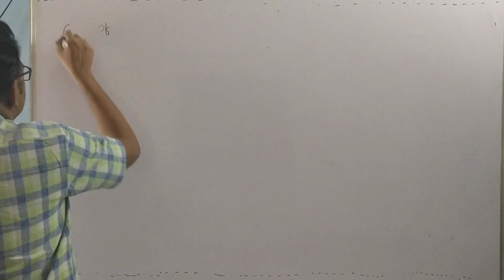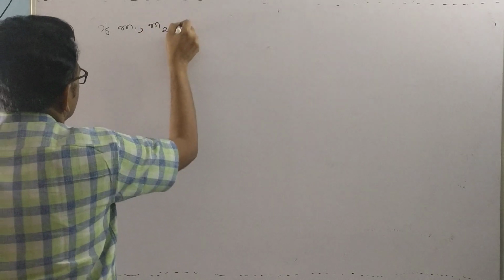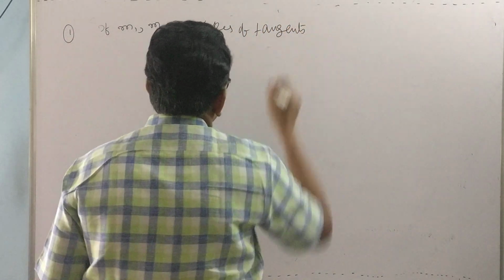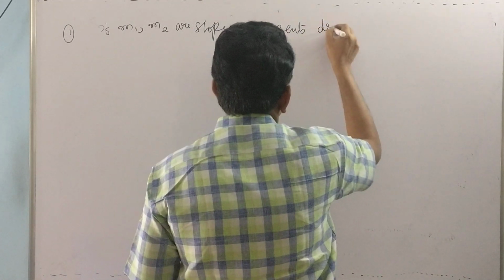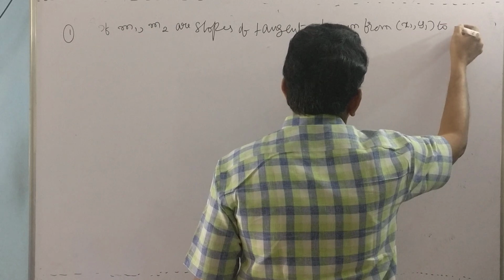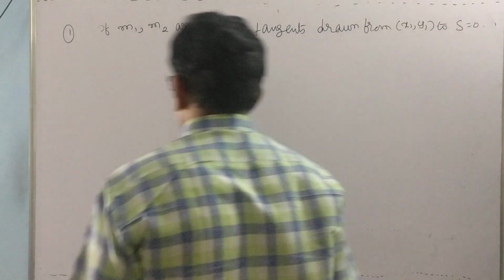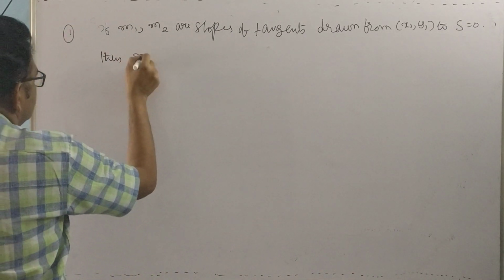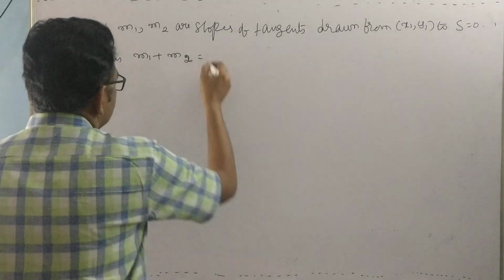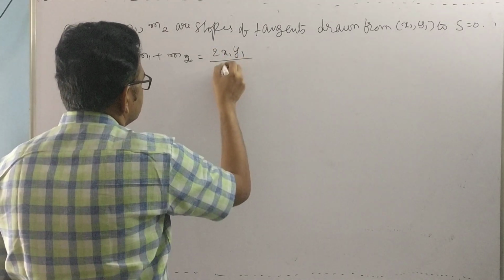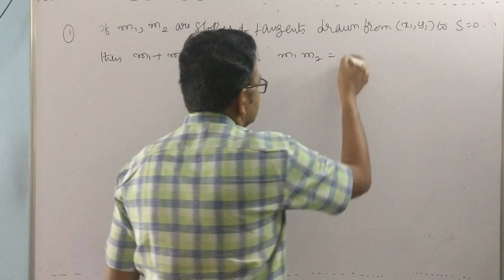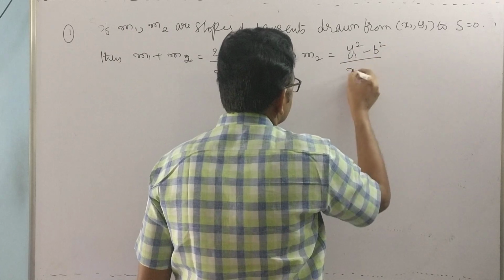Next point, if m1 comma m2 are slopes of tangents drawn from the point x1 comma y1 to the hyperbola S equal to 0, then m1 plus m2 equal to 2x1 y1 by x1 square minus a square, and m1 m2 is equal to y1 square minus b square by x1 square minus a square.